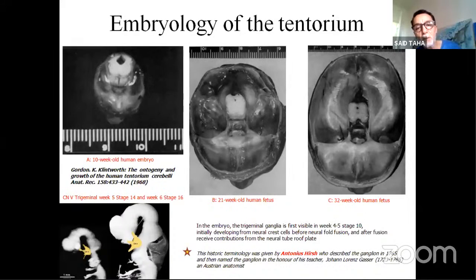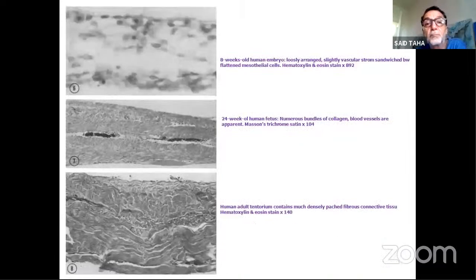Here, a 20-week-old human fetus with the dura more or less lucent, and finally at 32 weeks it's the dura of adults.